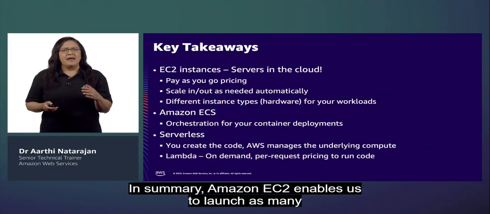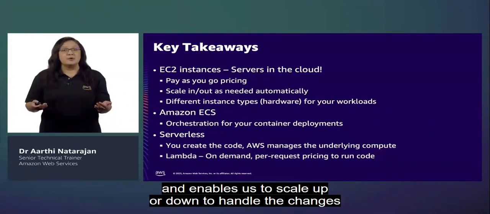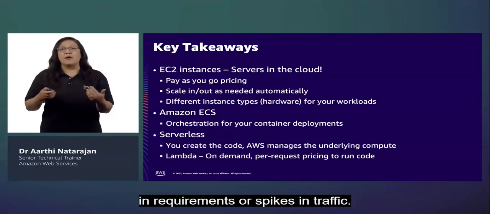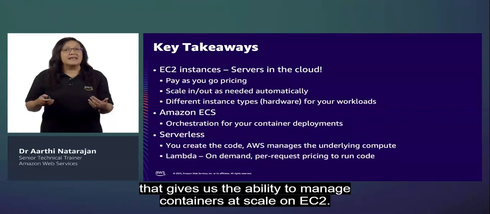In summary, Amazon EC2 enables us to launch as many or as few virtual servers or EC2 instances as you need, and enables us to scale up or down to handle the changes in requirements or spikes in traffic. Amazon ECS is a container orchestration service that gives us the ability to manage containers at scale on EC2.